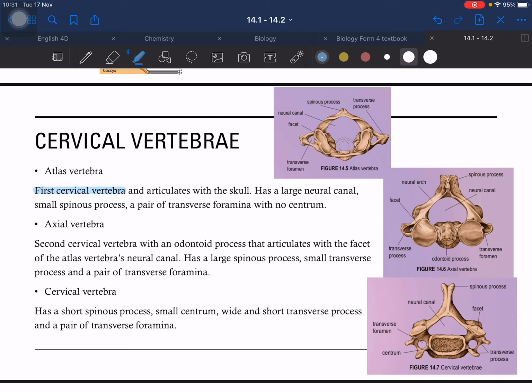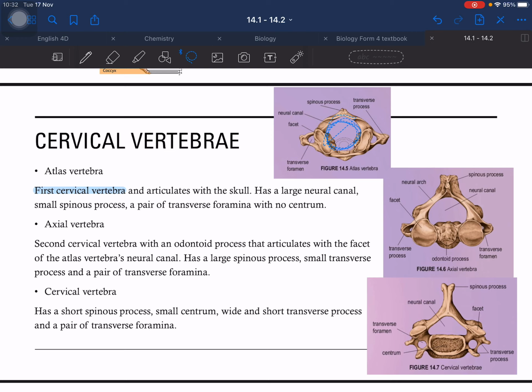So it has a large neural cavity right here, because if you remember how your brain looks from chapter 12, there's that medulla oblongata, right?